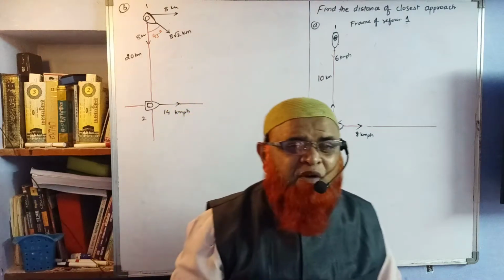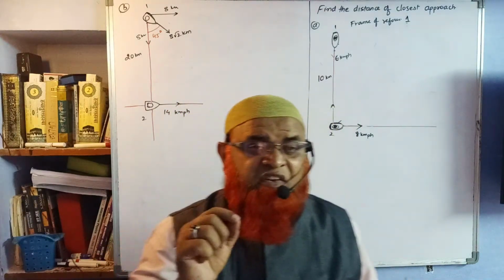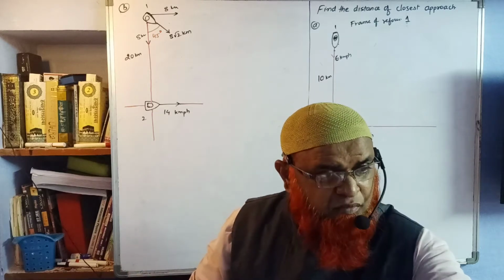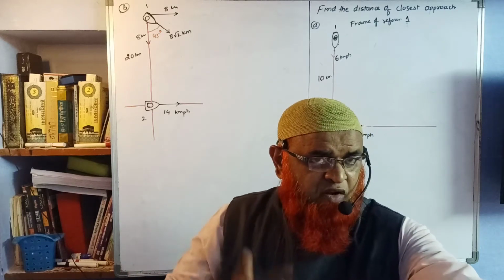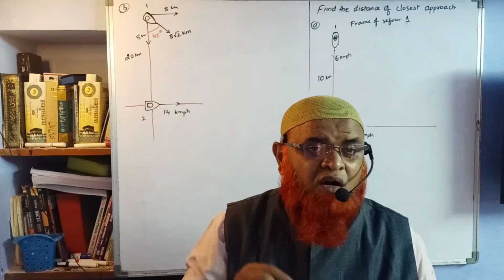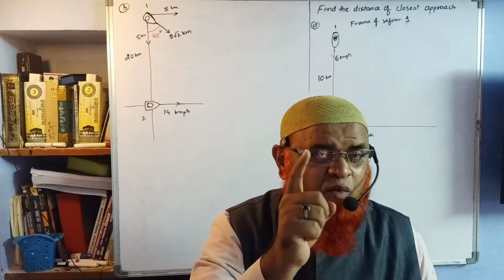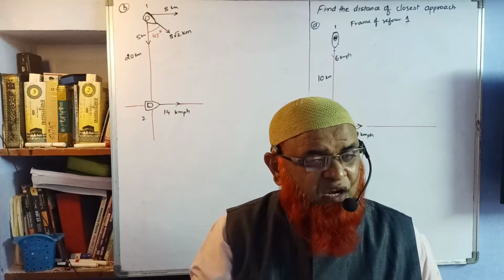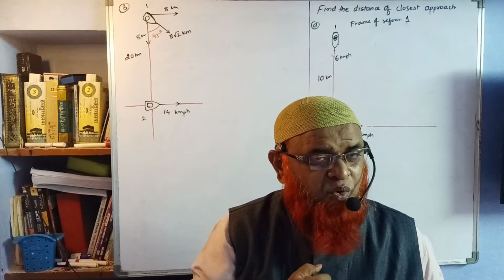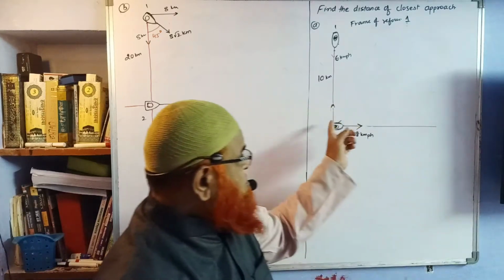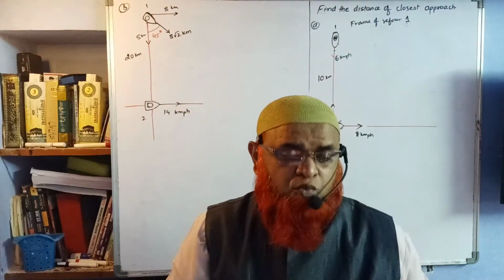What do we mean by frame of reference? It means you are sitting in boat 1 and observing boat 2. When you are sitting in boat 1 and observing boat 2, what do you feel? You feel that your boat is at rest with respect to you. Then you feel that boat 2 is coming towards you.